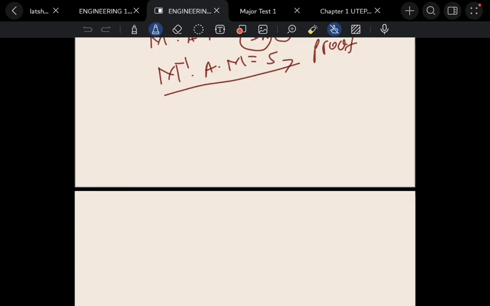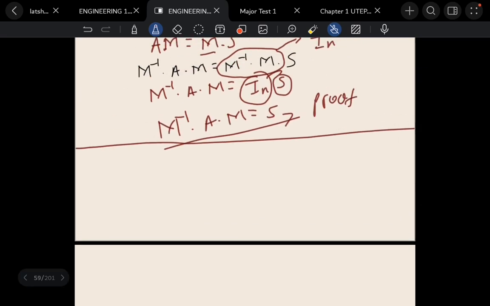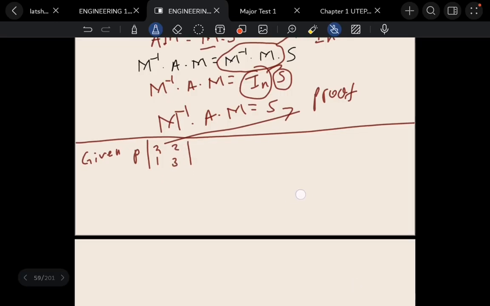So given P, which is 2, 1, 2, 3, prove the above theorem.